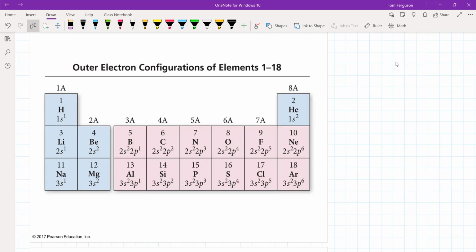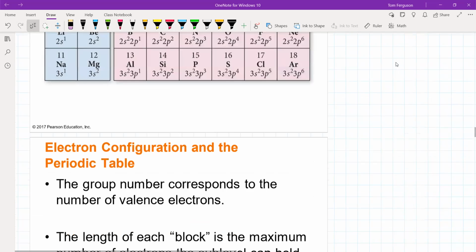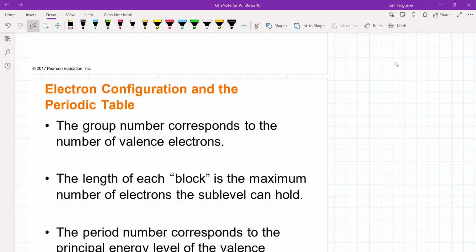Okay, so let's practice now. Let's do iron right here. Write the electronic configuration for iron.